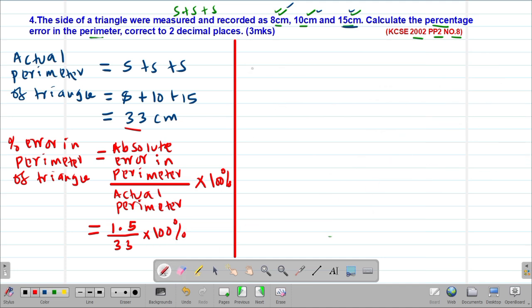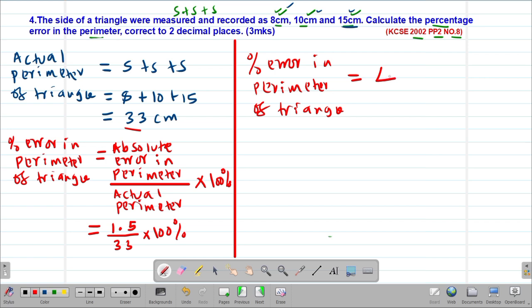So the percentage error in the perimeter of our triangle will be given by the following. You compute this on your calculator, that is 1.5 over 33 multiplied by 100%. This will give us 4 whole number, 6 over 11, that is 4 6/11%.